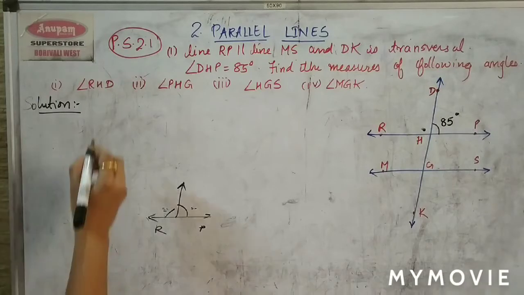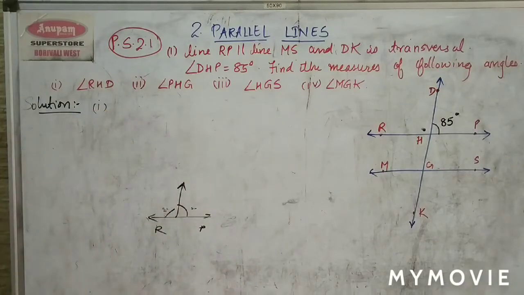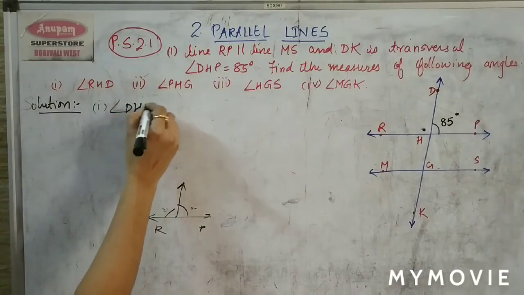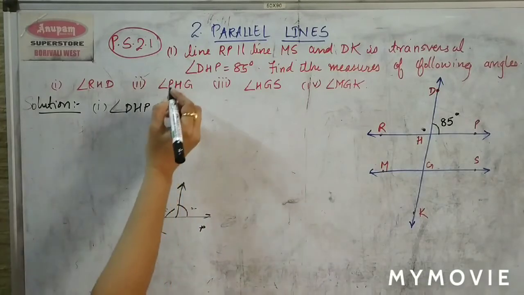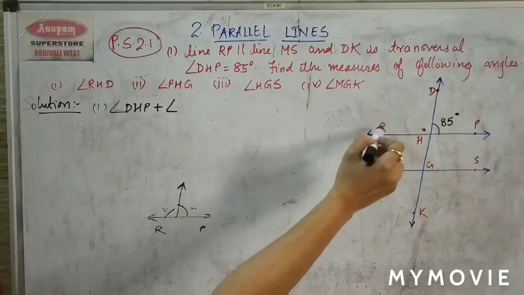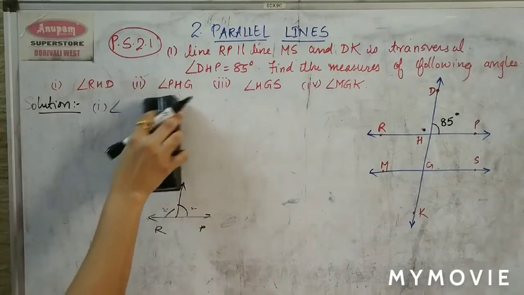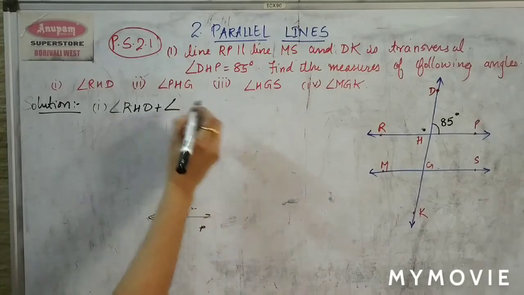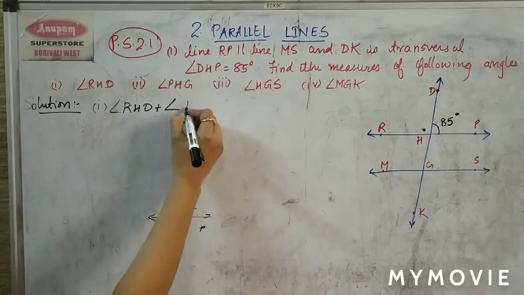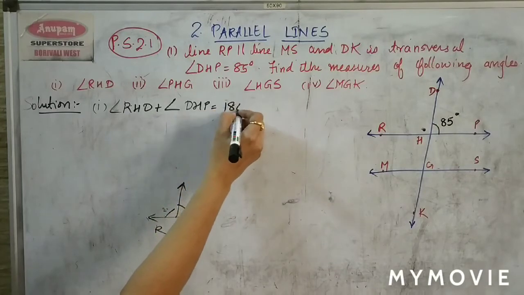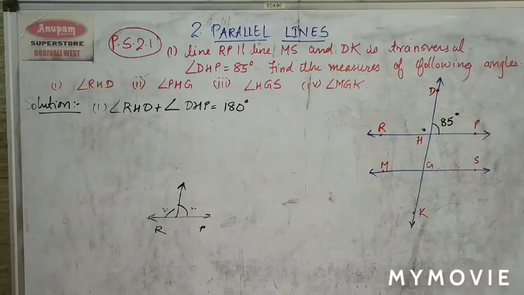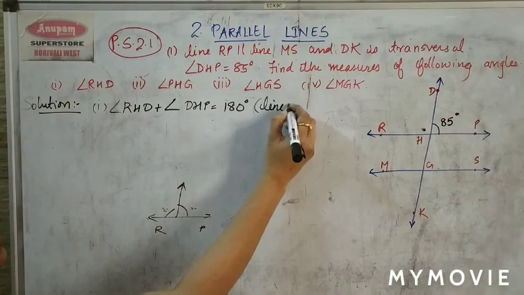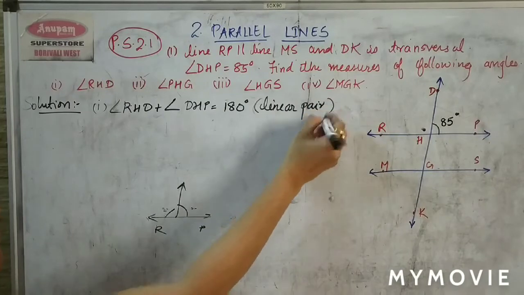So I will say, first, number one, angle RHD plus angle DHP is equal to 180 degrees. Yes, because we have to write down the reason. The reason is it is a linear pair. Right?